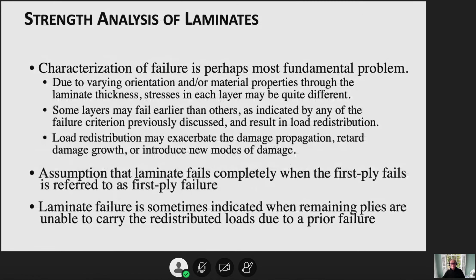But basically, to wrap it up, now that we know how a single layer fails, then we can go to the multiple layer case of a laminate. And since every ply might have different orientation, we have to do the analysis in each layer, stresses in each layer.